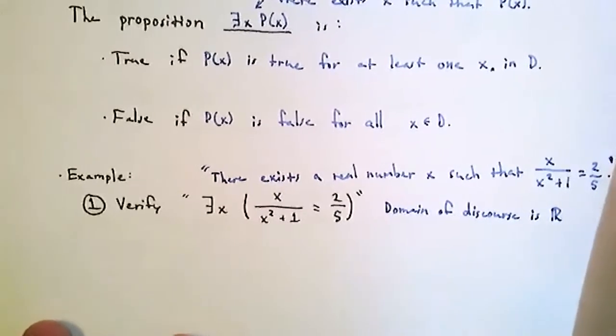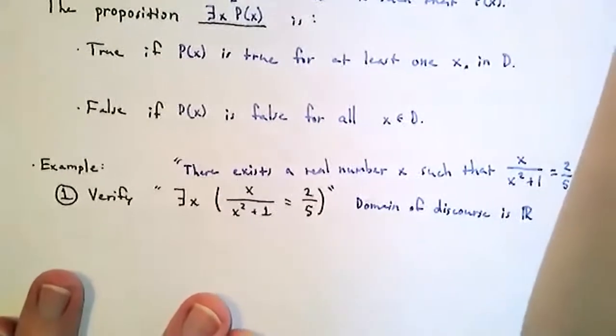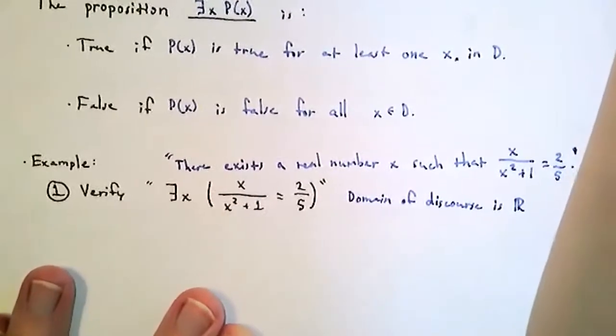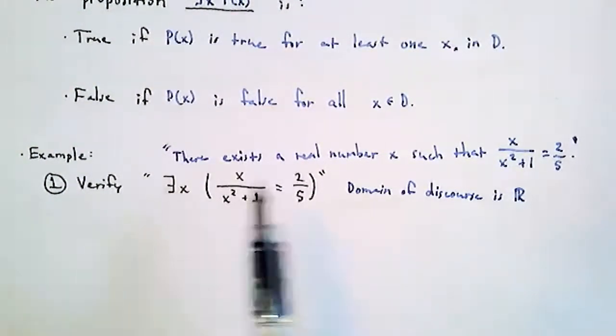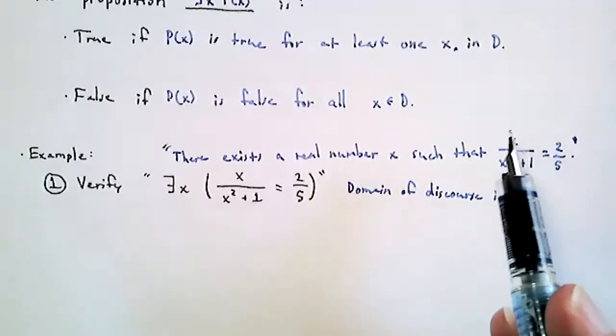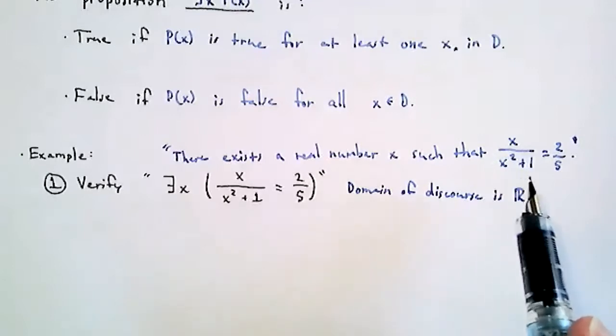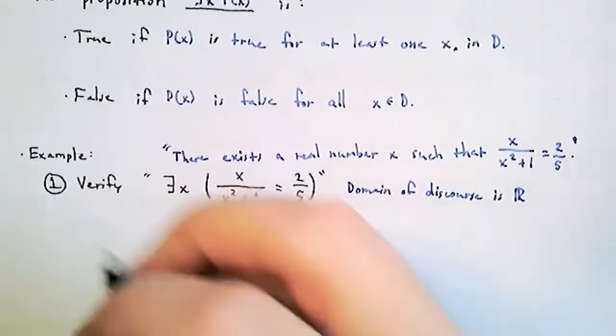So in order to verify the statement, we have to make sure we understand what the statement is saying. So far, we've just made sure that we understand what it means. And in order to verify the statement, we have to show that there is a solution to this equation, that there's actually a number where this works.